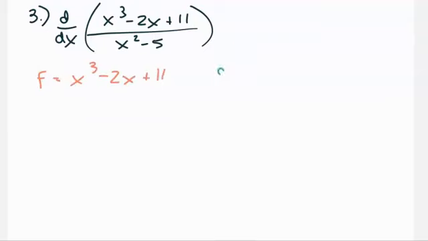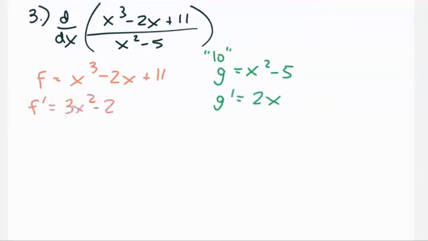Totally up to you. All right, so the derivative of the bottom is 2x, and the derivative of the top is 3x squared minus 2. And so then all I really need to remember for quotient rule is what order everything goes in.